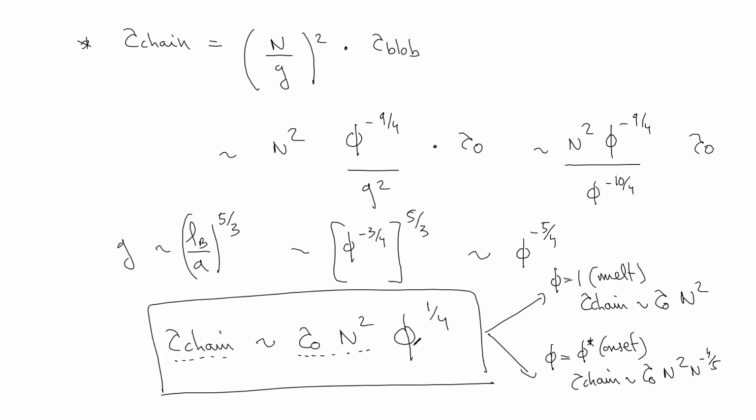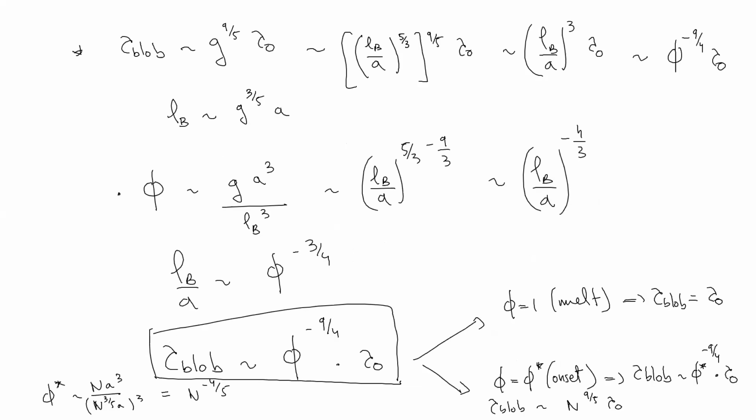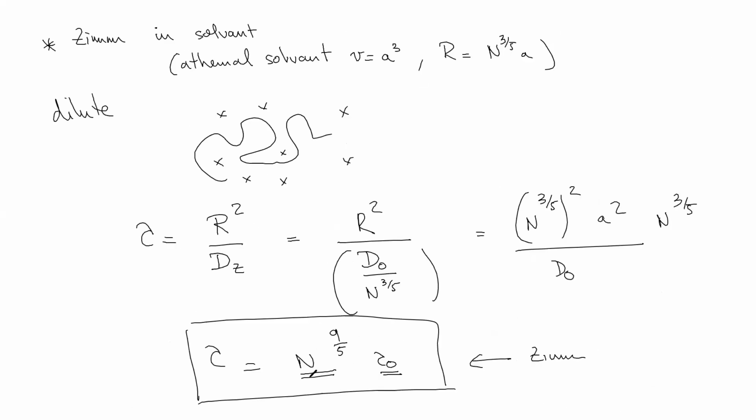So that's phi star to the power 1/4. So this is tau naught, then you have n to the minus 1/5, so it's n to the 2 minus 1/5, which is tau naught times n to the 9/5. And we recover the Zimm proposal as expected.